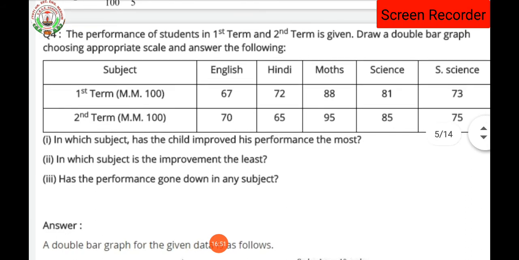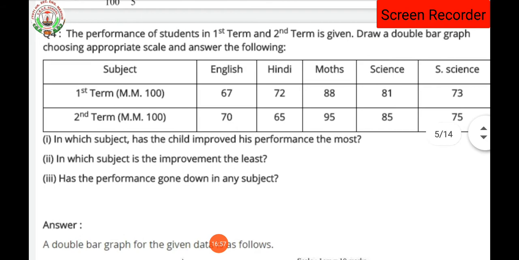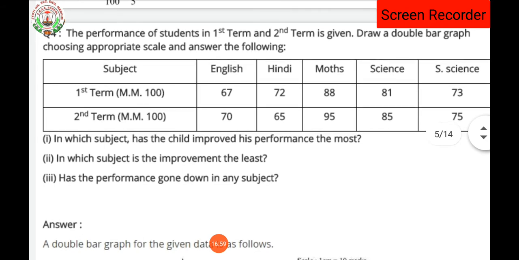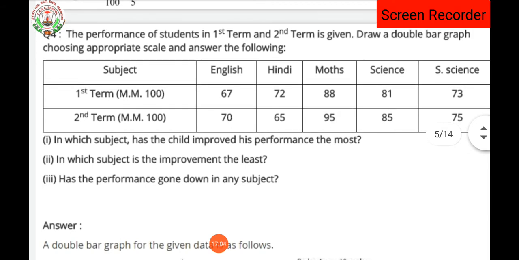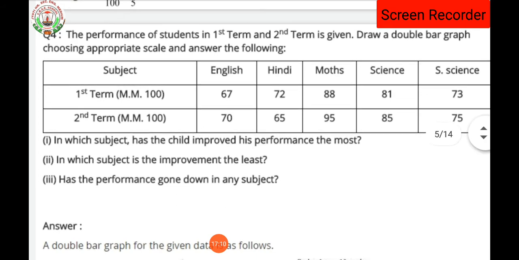Now we have to answer the question: in which subject has the child improved his performance the most? Comparing the first term and the second term, you can see where the improvement is more. In science, how many marks increased? 4 marks.